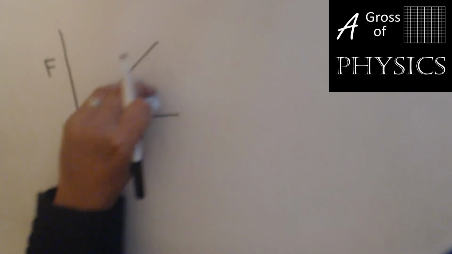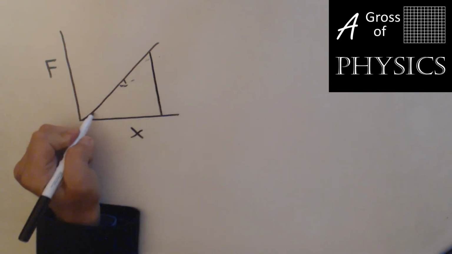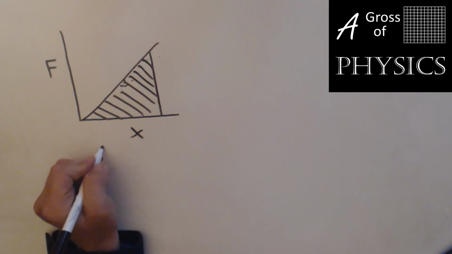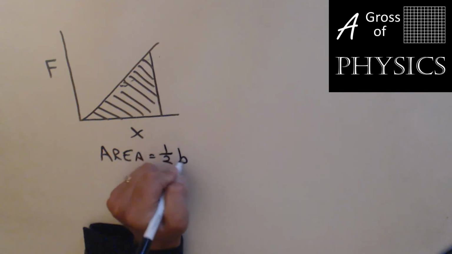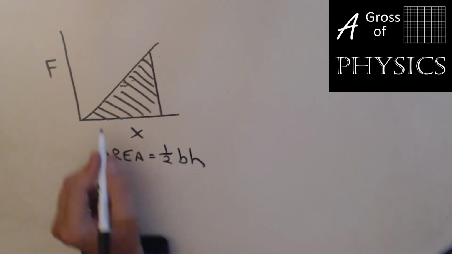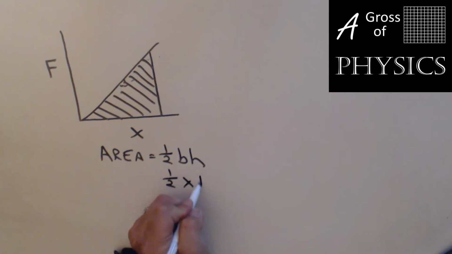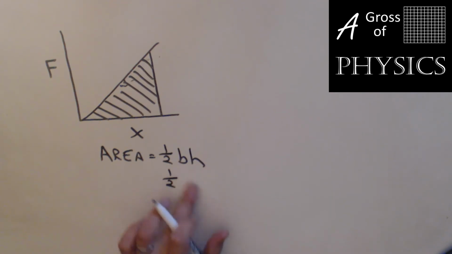Now, with that said, we have two pieces of information that we can get from a graph. And the second piece of information is the area. The area of a triangle is 1/2 base times height. 1/2 because it's a triangle. It's 1/2 x times F. And since we already said that F equals kx, we can replace that, so it's 1/2 x times kx.